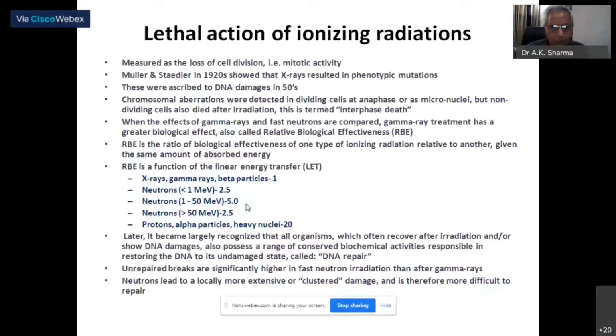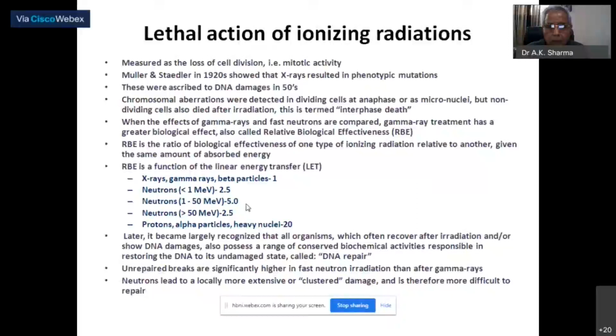There are different repair mechanisms today known to scientists, and to some extent DNA damage is repaired by every cell. Unrepaired breaks are significantly higher in fast neutron irradiation than after gamma rays. So, this is common sense, that fast neutrons, which are having energy as well as weight with them, will have much more damage compared to gamma rays, and they lead to a lot of cluster damage when they dissipate energy.